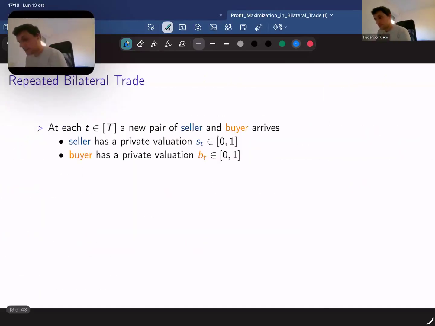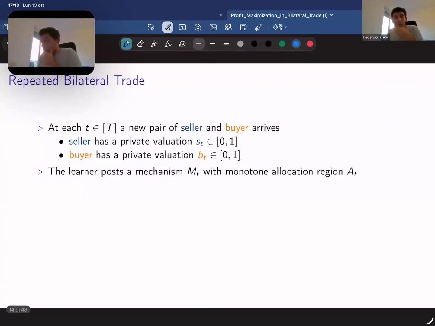Okay. So let's get our hands dirty and try to understand what is the exact mathematical model that we are going to study. At each time step t, in a repeated setting, a new pair of seller and buyer arrives. The seller has a private valuation S_t, and the buyer has a private valuation B_t. We do not know these numbers. They're there, but we do not know them.